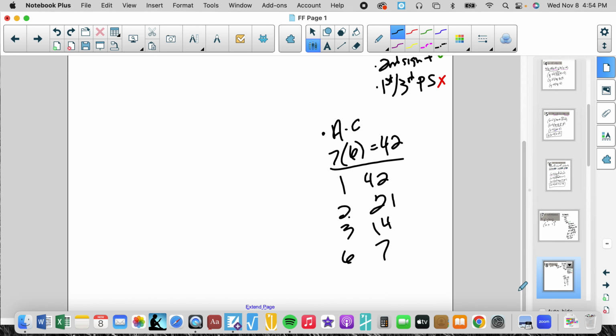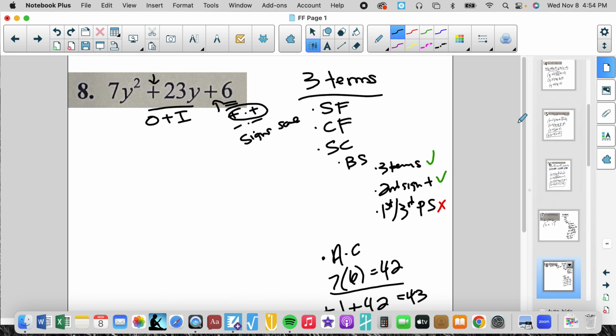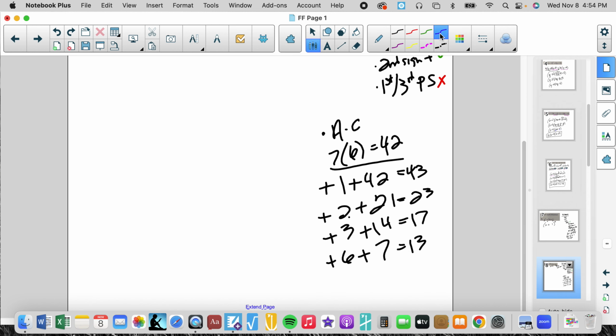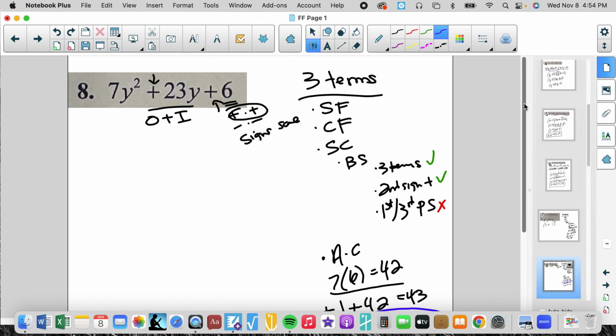The signs are the same, and they're both positive. 43, 23, 17, 13. Which one of those is equal to my middle, which is 23? So I know that I'm going to use 2 and 21 as my middle terms.